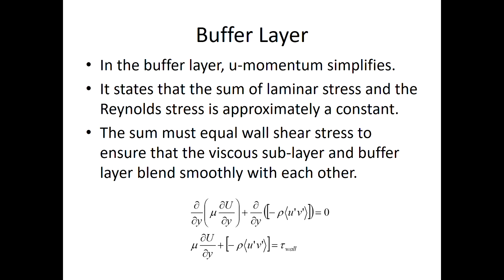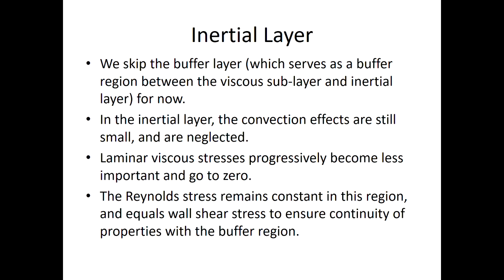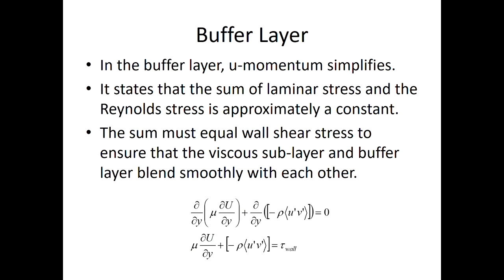He said, I'm just going to pare the region between the laminar region, which is the viscous sublayer, and the layer above it, which is called the inertial layer, this buffer layer. I'm just going to curve fit it somehow. So he went to the inertial layer, which is above the buffer layer. There, the laminar viscous stresses we saw in this are neglected. So you only keep this term because the molecular diffusion is an order of magnitude weaker than the eddy diffusion.